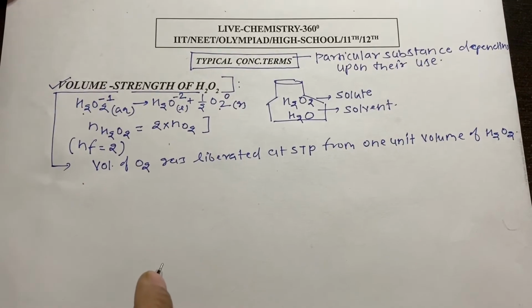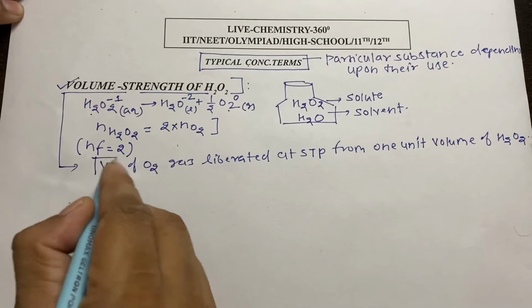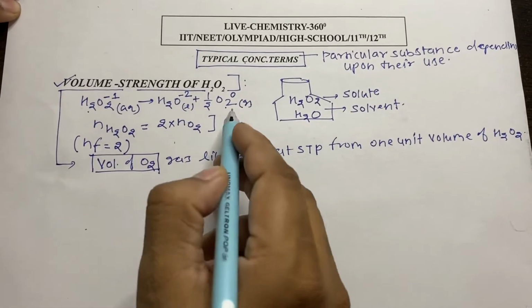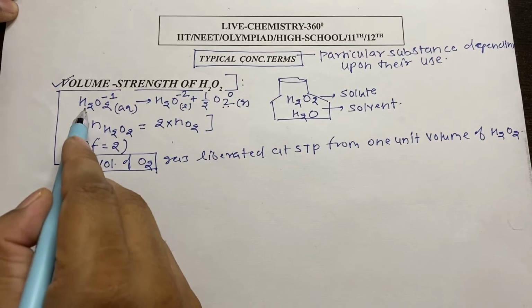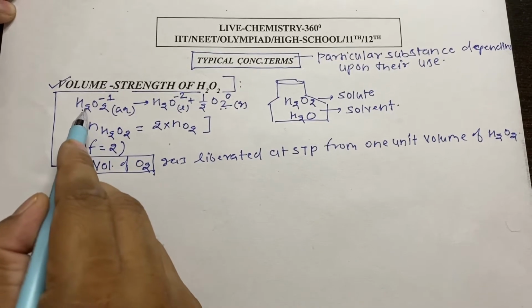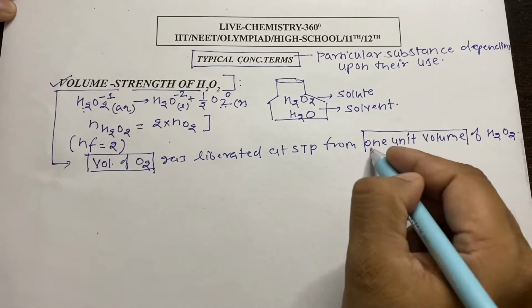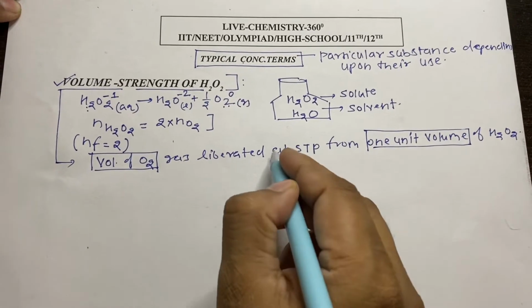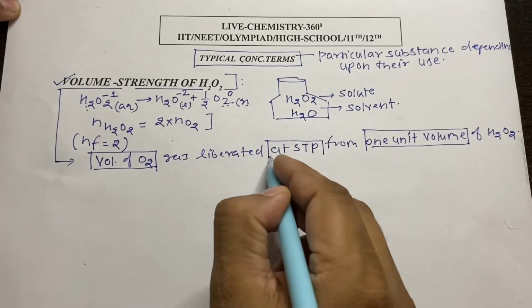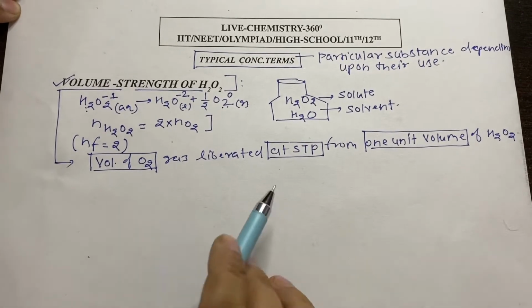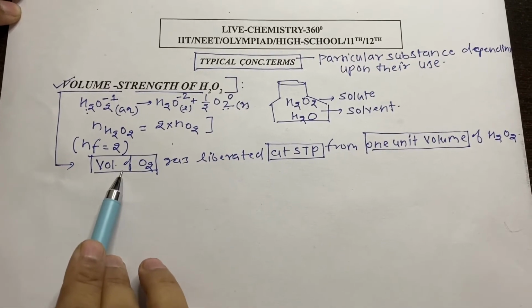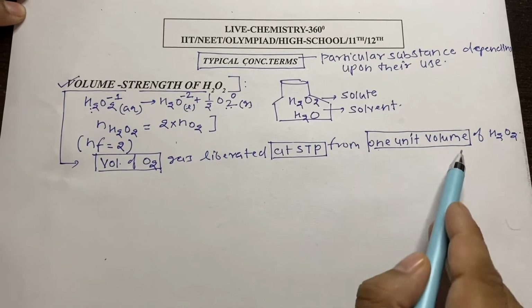It is to be noted that this is the volume of oxygen liberated by decomposition of H2O2, the volume of H2O2 should be 1 unit volume, and the condition should be STP. So at STP we measure the volume of oxygen liberated from 1 unit volume of H2O2.